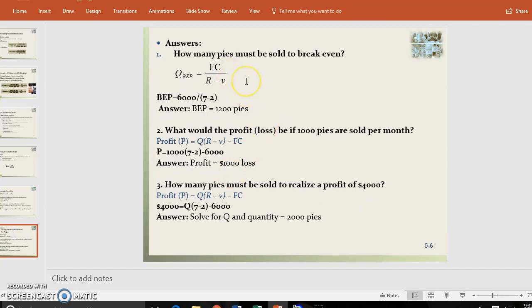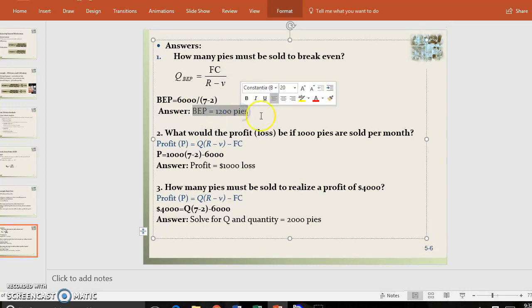However, generally it's a plug and chug activity. 6,000 divided by our revenue, $7 per pie, minus our variable cost of $2 per pie, gives us a break-even point of 1,200 pies.